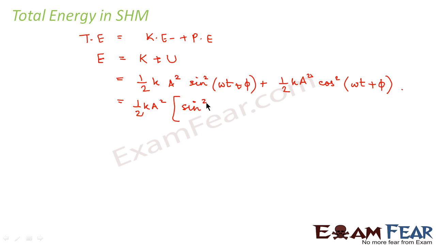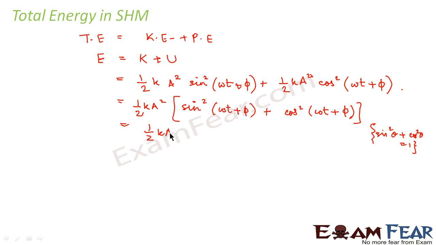It is sine squared (omega t plus phi) plus cos squared (omega t plus phi). Now we know that sine squared theta plus cos squared theta is equal to 1. So the value of total energy is equal to half k a squared.